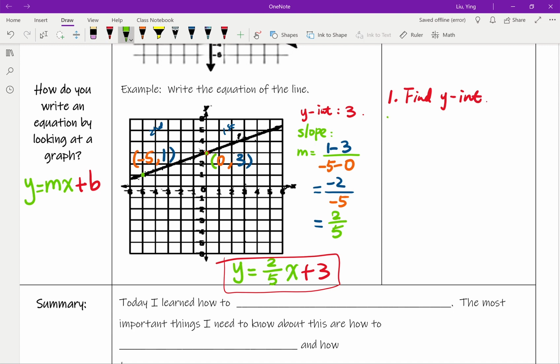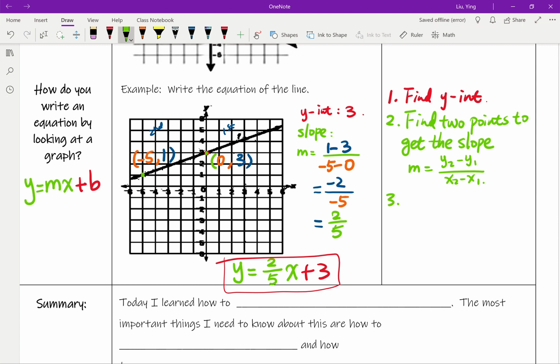And then step 2, find 2 points to get the slope. And then you can use the formula here, y2 minus y1 over x2 minus x1. And then the last step is to put together y equals mx plus b.